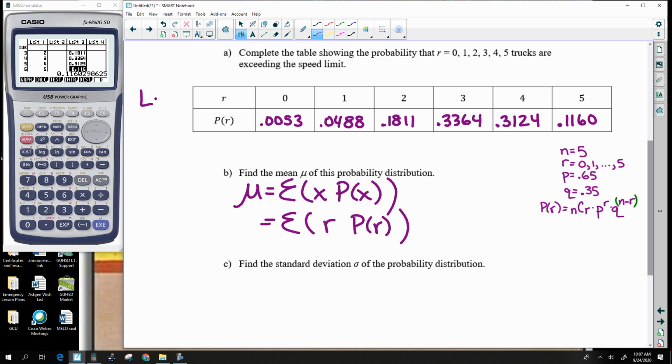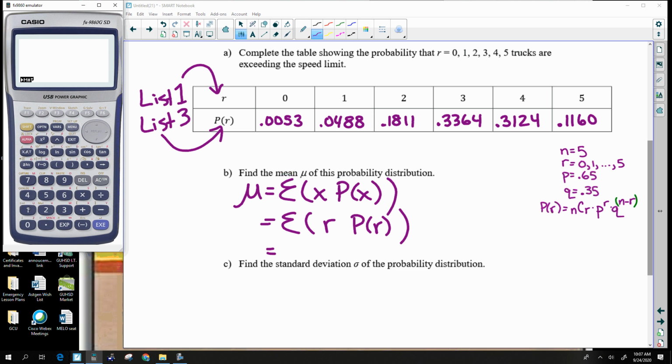So if you think about this, list 1 is what we did, 0 to 5, and then we stored the probabilities of those as list 3. So this is just the same thing, just with a different context. And so this is going to be the sum of r, which is list 1, times P(r), list 3.